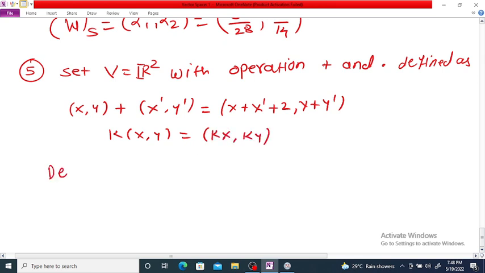Determine whether V is a vector space or not.